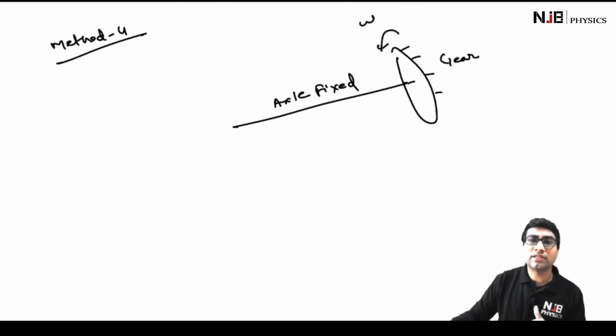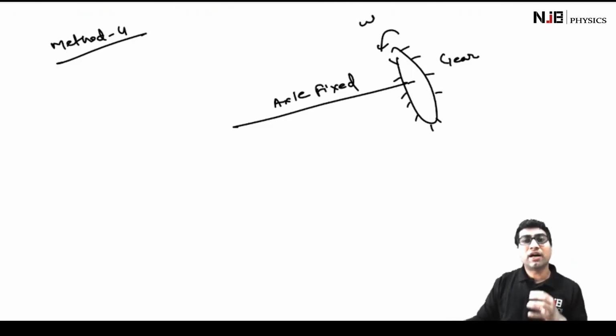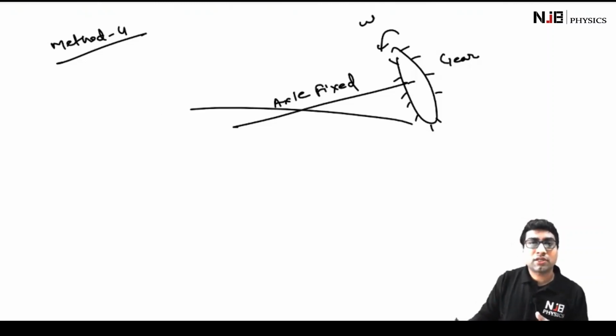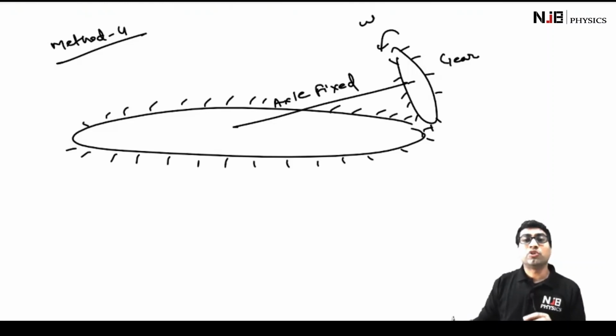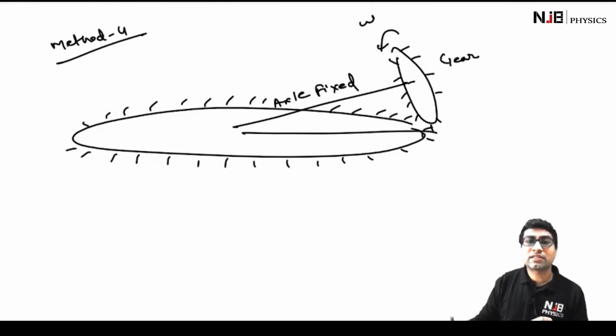It looks like this. Now you have another gear which is in the horizontal plane, which is going to look like this, and this gear can rotate in the horizontal plane, and the two gears are connected with each other. So this horizontal gear, let's imagine that its radius is 5 times a.